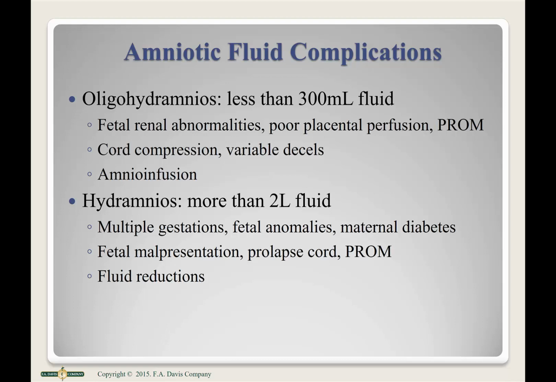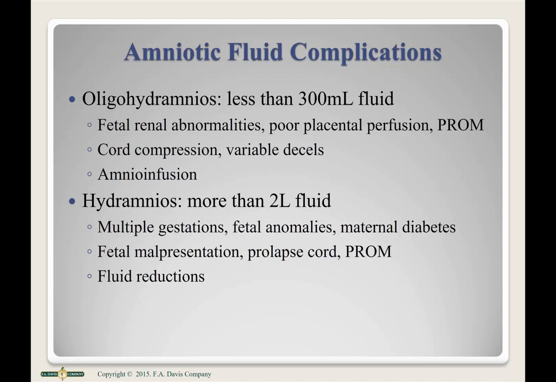Amniotic fluid complications, there's the two kinds here that are the most common: oligohydramnios or hydramnios. Oligohydramnios is there's not enough amniotic fluid. Hydramnios is there's too much amniotic fluid. Oligohydramnios is quantified as less than 300 cc's of amniotic fluid.